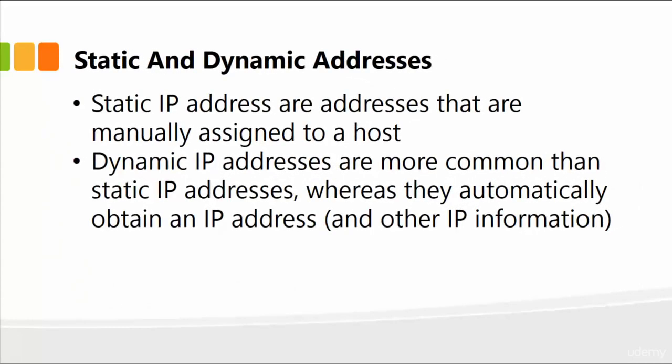There are 2 different kinds. One is the static and the other one is the dynamic IP addresses. Static IP addresses are simply manually assigned to a computer or a host or a device, and dynamic IP addresses, which are more common than static IP addresses, are automatically obtained, or in other words, the computer automatically obtains an IP address from your server or from another device.